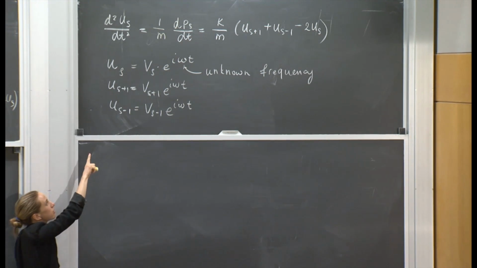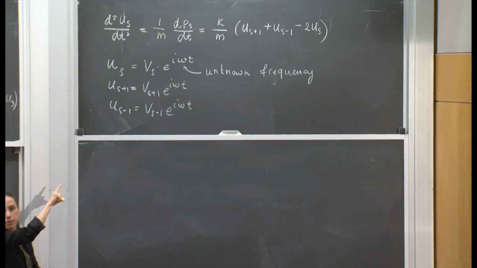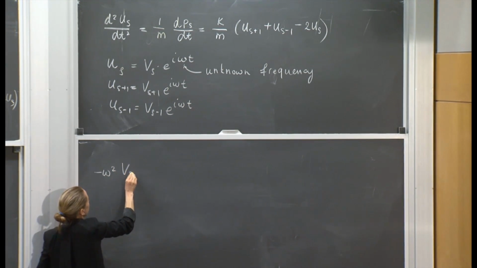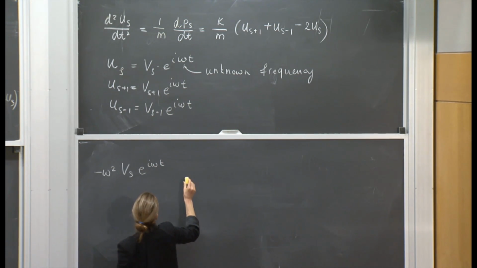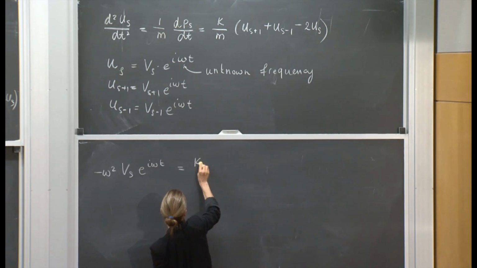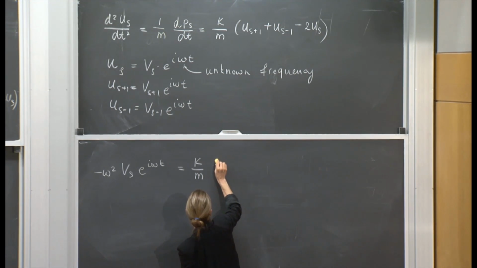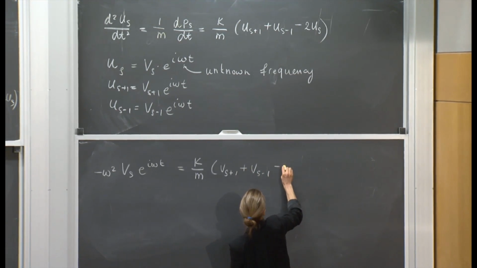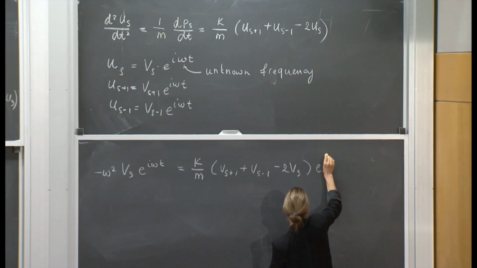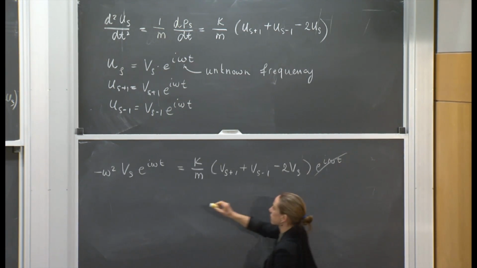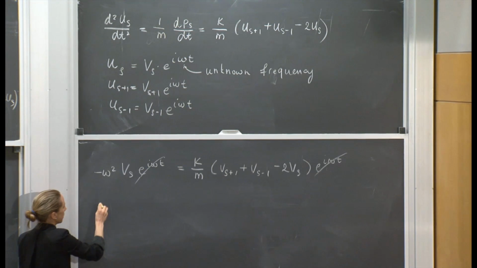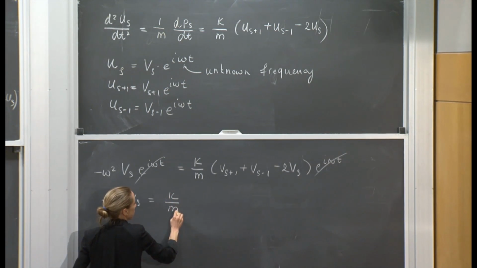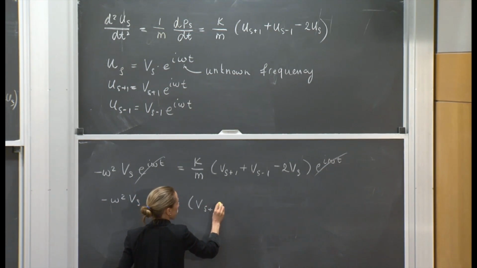Second derivative of v_s multiplied by an exponential, minus omega squared v_s e to the i omega t, equal to k over m times v_(s+1) plus v_(s-1) minus 2 v_s, e to the i omega t. Here we can get rid of these e to the i omega t's and end up with the equation that looks like this.